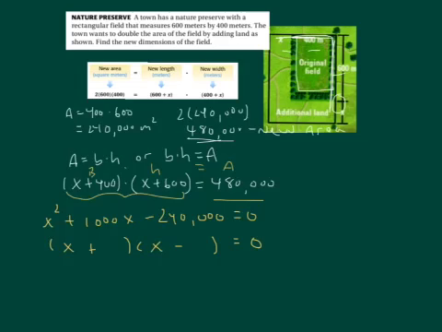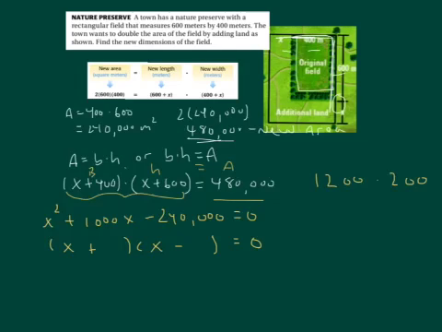Well, basically what we're looking at here is sort of 24 and a difference of 10, or I should say 240 and a difference of 10. Sounds kind of like a 12 and 2 combination. Only it's not exactly 12 and 2. More like 1,200 times 200. And the difference of 1,200 and 200 happens to be 1,000.